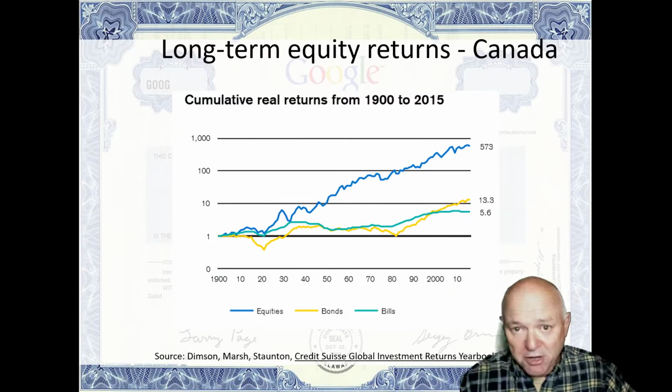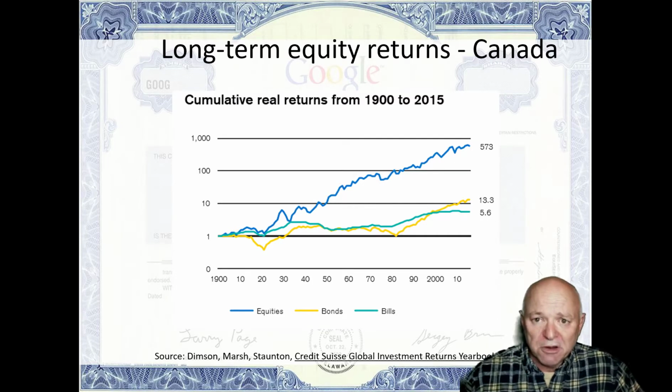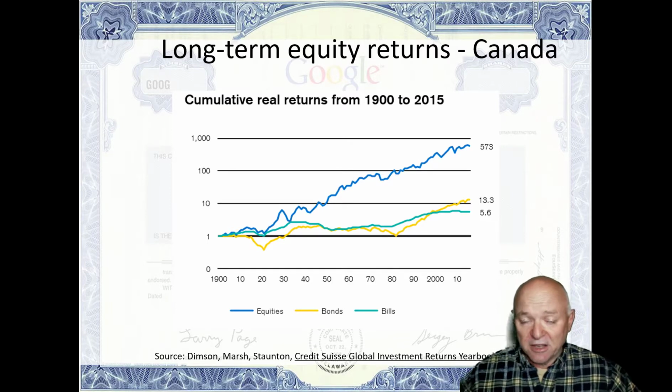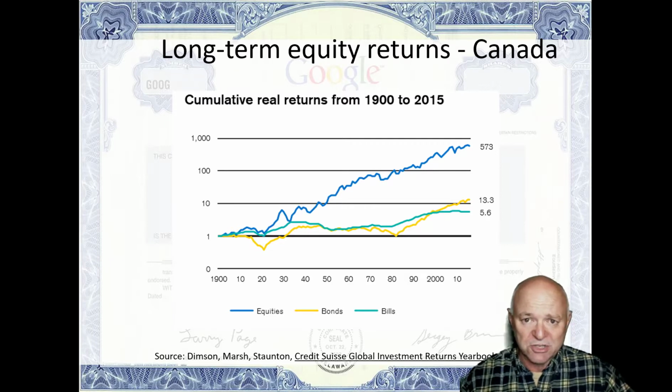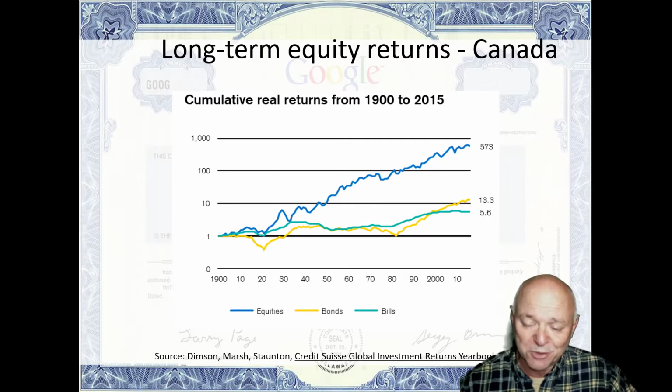Now, to step back to market risk, we can get information about the market and the market rate of return in the long term by taking a look at the historical patterns of return. From the Credit Suisse Yearbook, and this is published every year, we can see that in Canadian markets, going back to 1900 and over the last 115 years in this particular case, the investment of $1 in 1900 would eventually increase to be worth $573 today in real terms.